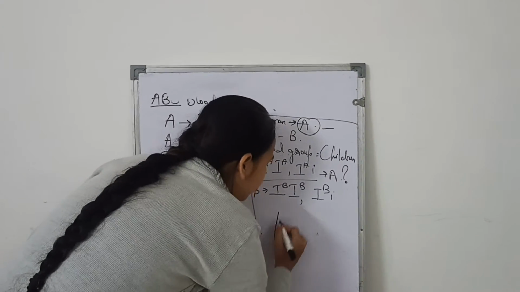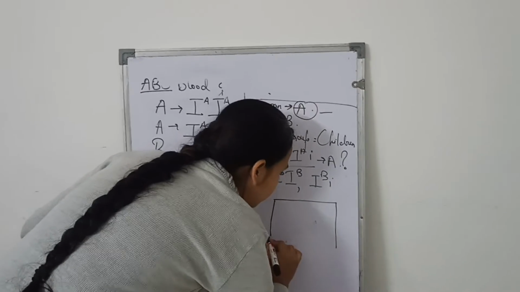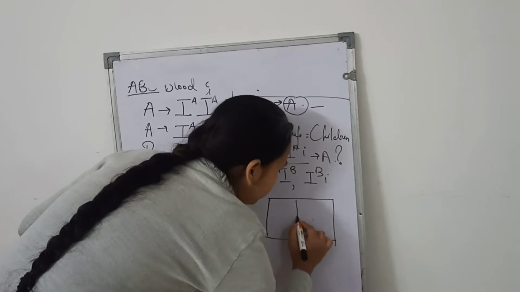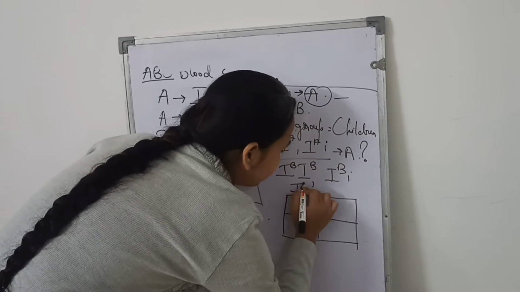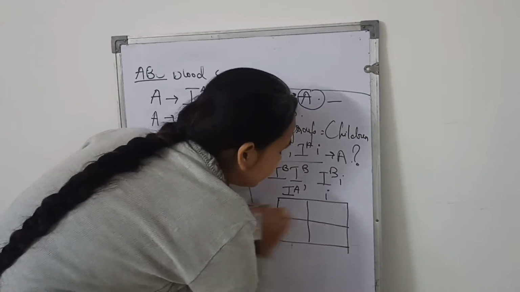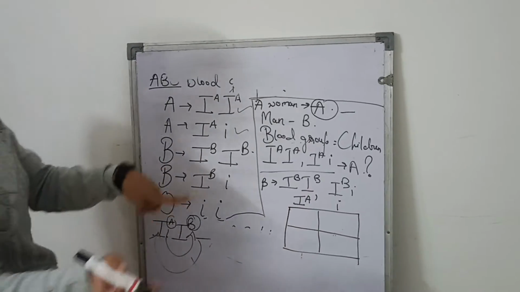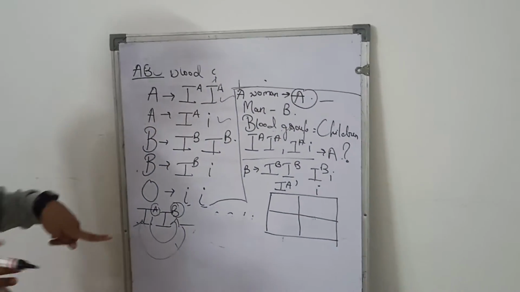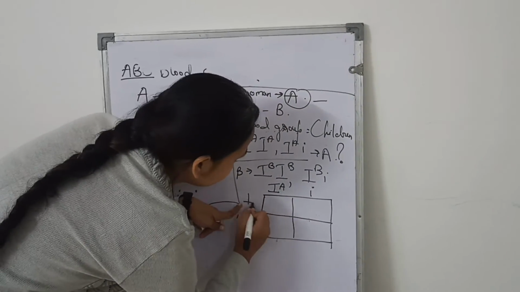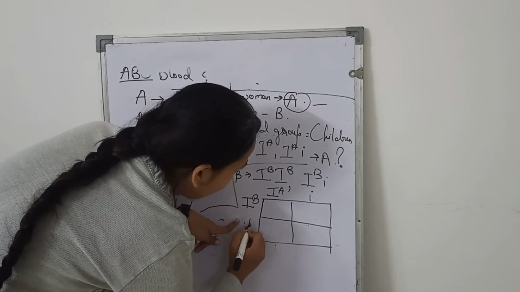Okay. So first, if we cross, we will use the Punnett square. Suppose here we will take the female. This is IA i. Suppose you can take IA i as well. We will take both the cases. Don't worry. And IB i.